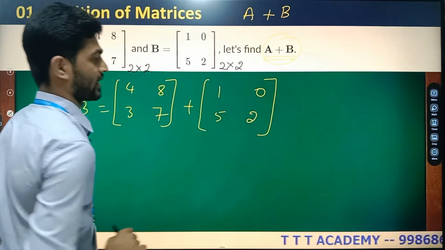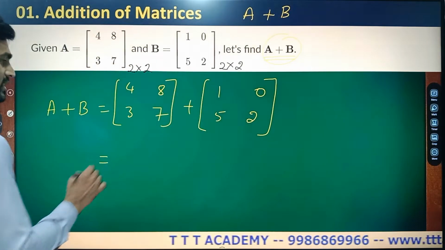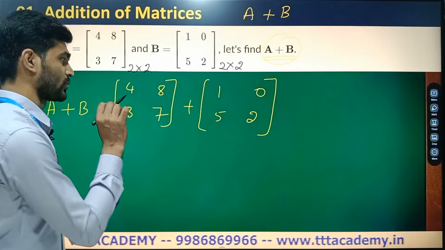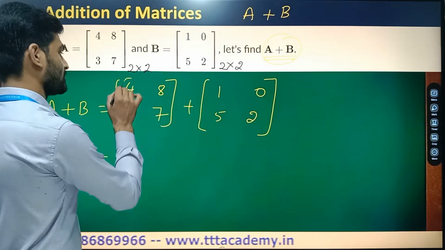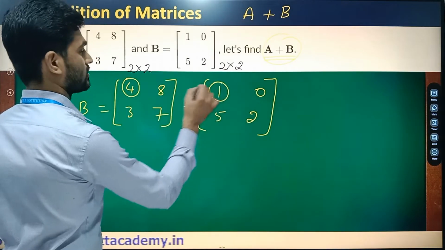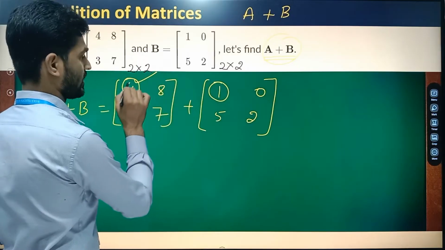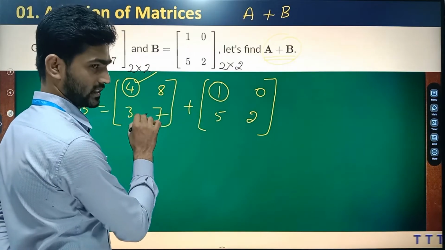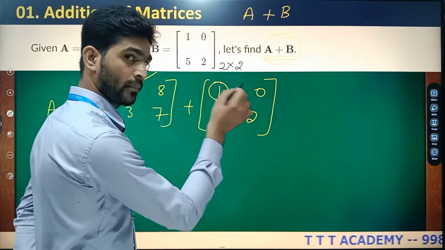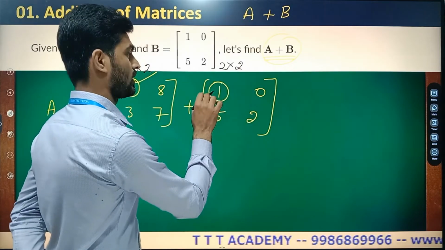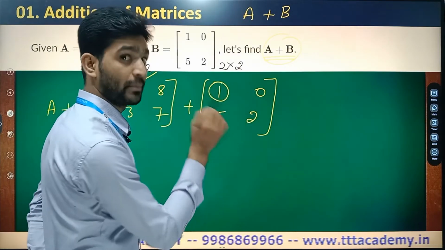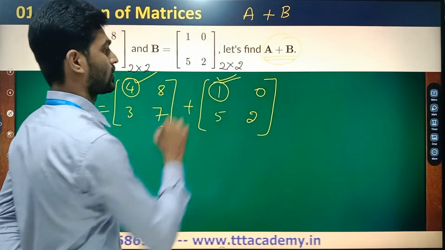Now dear aspirants, the procedure is very simple: we need to add the respective elements. The first row first column element of the first matrix is added with the first row first column element of the second matrix, the B matrix.